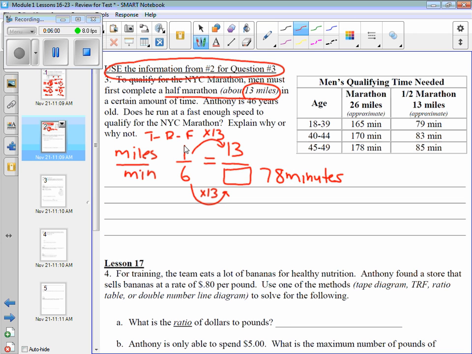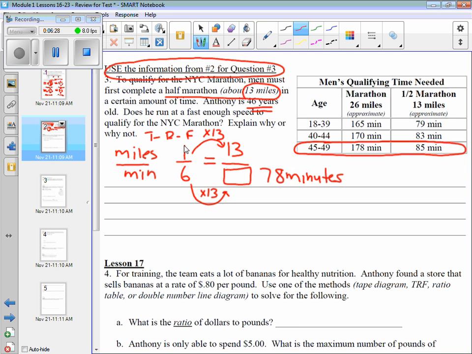Now we can go back and revisit the question and see how old he is. He's 46 years old. Now we've got to take a look at the chart, find the age range that includes 46. That's this right here. And in order for him to qualify and to enter, he has to be able to complete his 13 miles in 85 minutes or less.